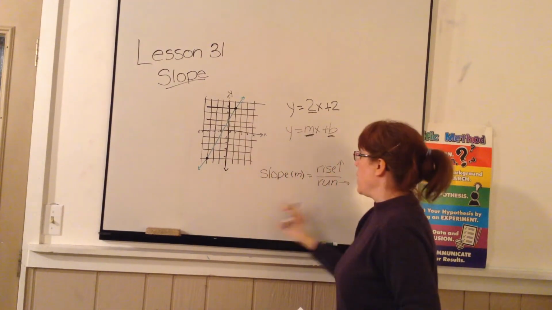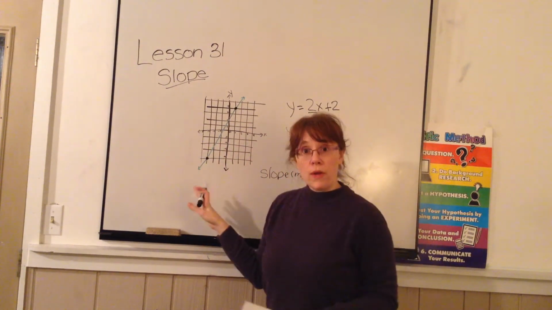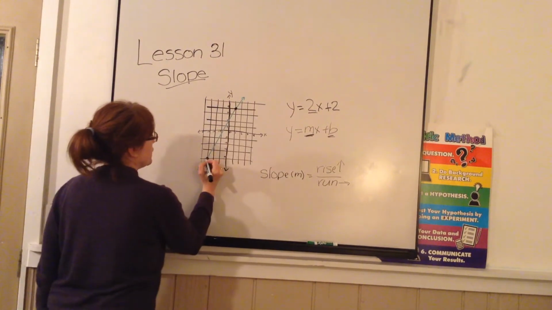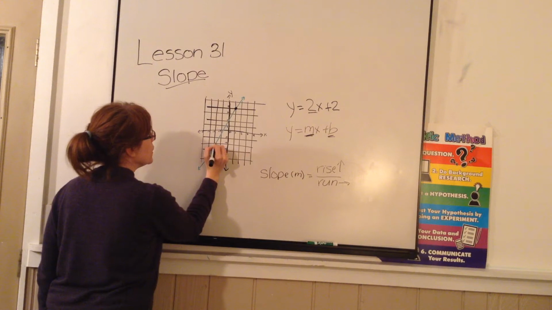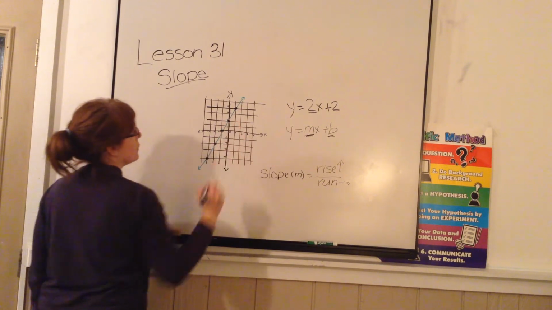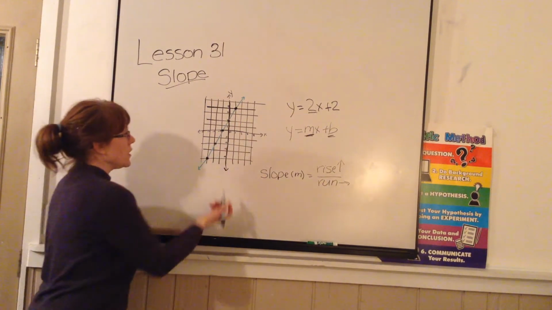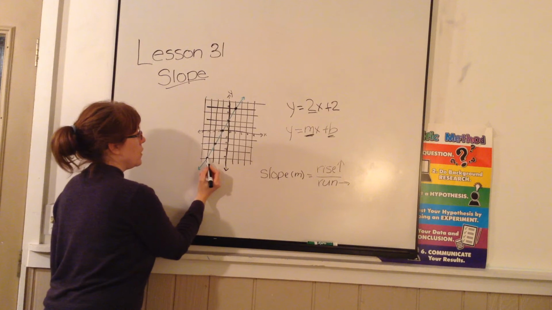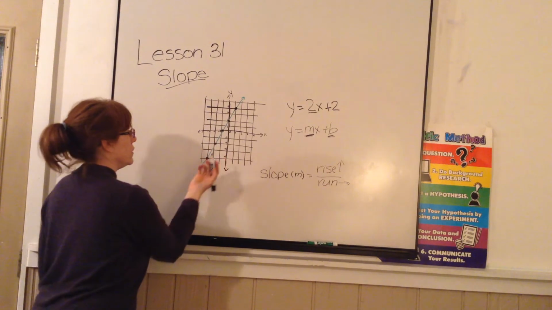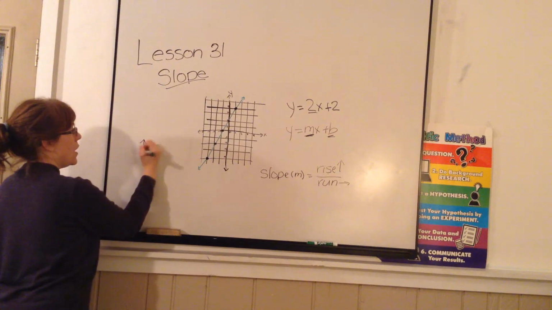So I'm going to show you on this graph what it would look like to have the slope. These are going to be my points. I've got one here, one here, one here, one here, okay? So if I look at this, for my slope I'm going to go up 1, 2, and then over 1.